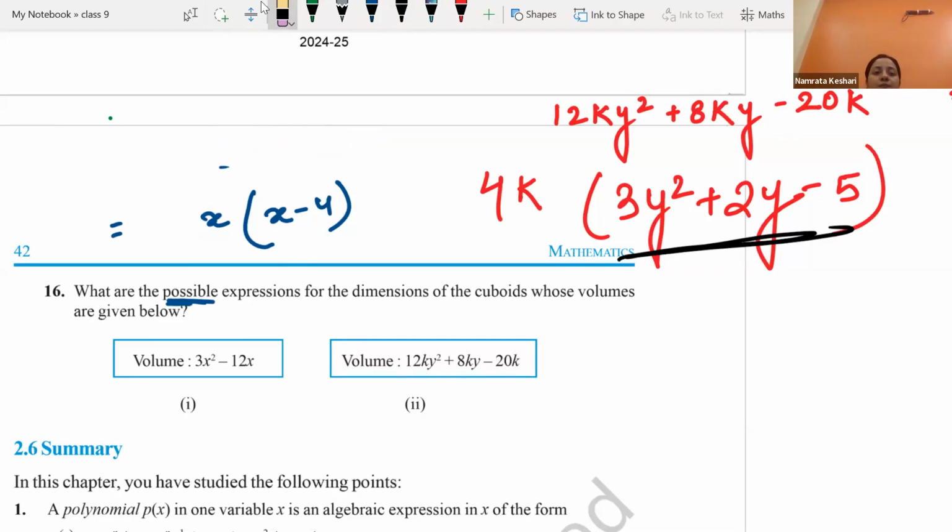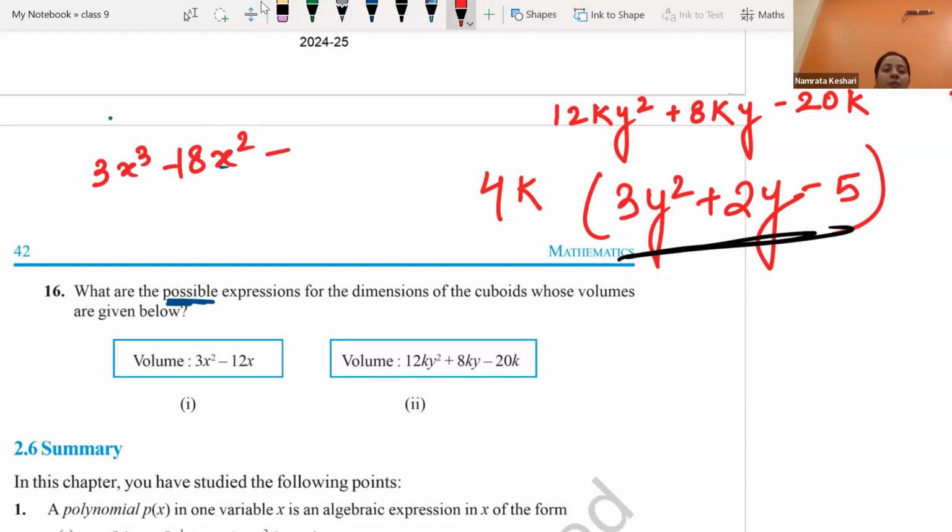Suppose I am giving you, let's say, 3x cube minus 18x square plus 24x, and I'm telling you to do the factorization.